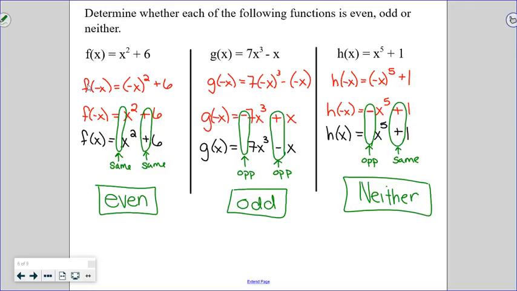Now, I will tell you that on an individual basis, what we did yesterday with testing for the x-axis, y-axis, and origin symmetry, and what we do today, testing for even and odd, on an individual day, it's pretty easy, pretty straightforward. Plug this in, check it out, follow my notes. When I get to an assessment over this, and I'm just giving you some practical advice here, you're going to want to go back and review these two things because you forget which test did what.